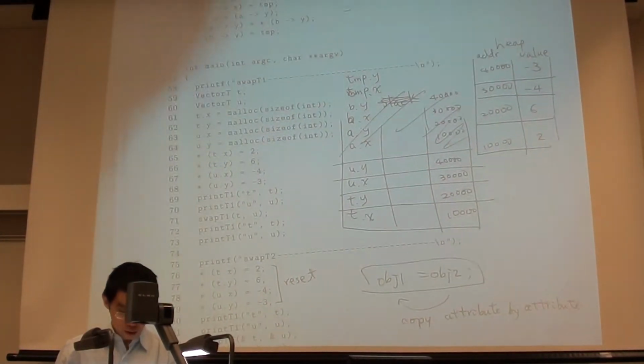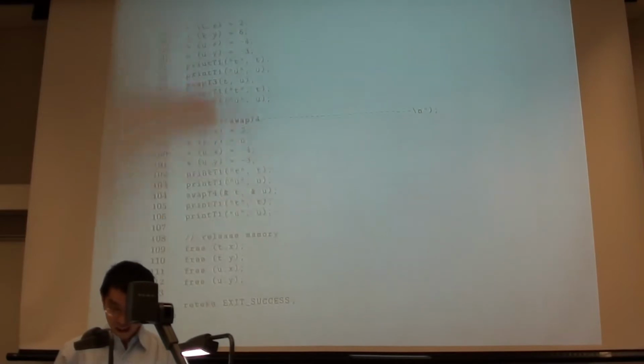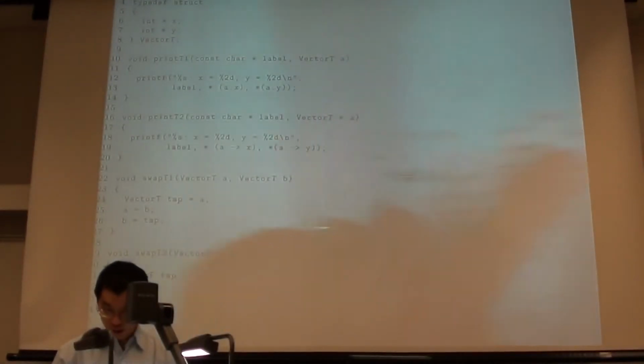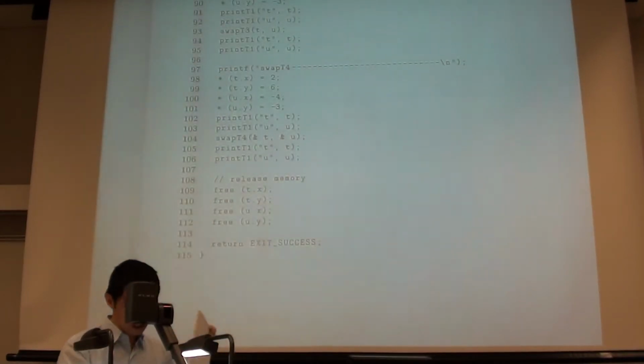Okay. So now the next question is swap 3. So I initialize it again. Now be careful that the addresses have changed, but that's okay. Now the addresses have changed.